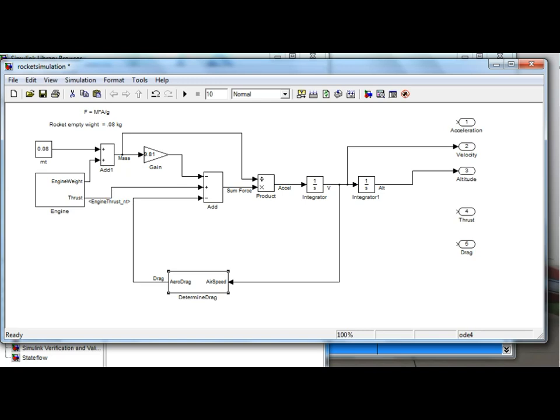What else do I need to do? That's most of it. So I have thrust as an output. I'll right-click, route it around and around. Oops.